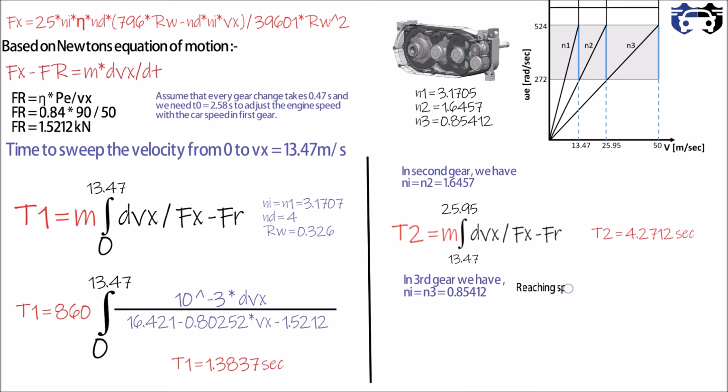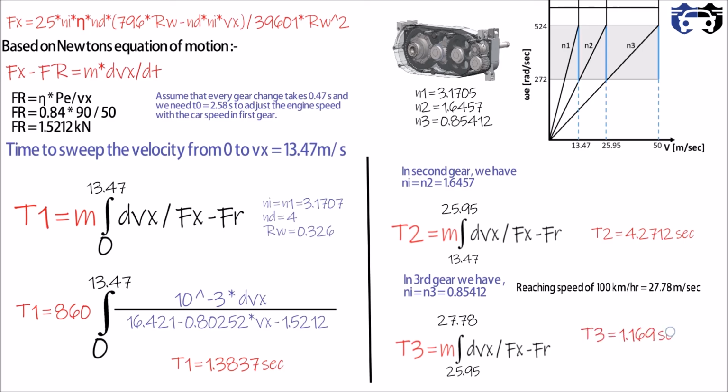Now, reaching a speed of 100 km per hour, that is 27.78 meter per second, we can write T3 equals mass multiplied by the integration from 25.95 to 27.78 of dVx divided by Fx minus Fr. On solving this and putting all the values, we get T3 equals 1.169 seconds.